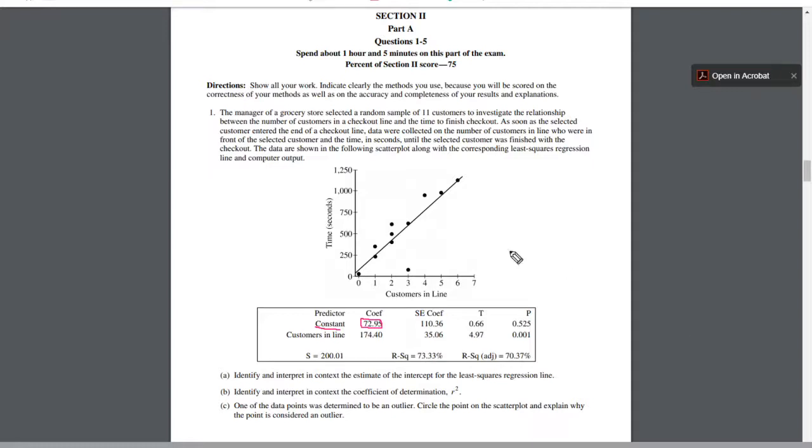This is the intercept. Actually, scratch that. It's that value right there. Value at 0. So if there are no people in line in front of you, we estimate it would take 72.95 seconds to check out.